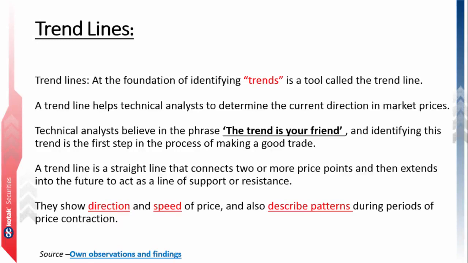A trend line is a straight line that connects two or more points and then extends into the future to act as a line of support or resistance.